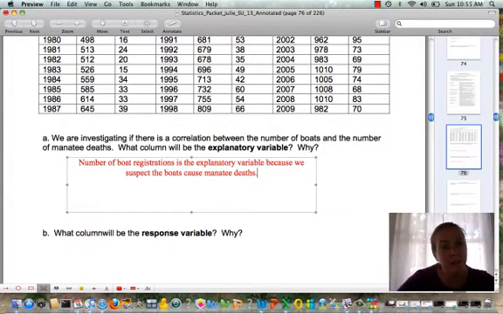Okay, so we've written this up that number of boat registrations is the explanatory variable because we suspect the boats cause manatee deaths.